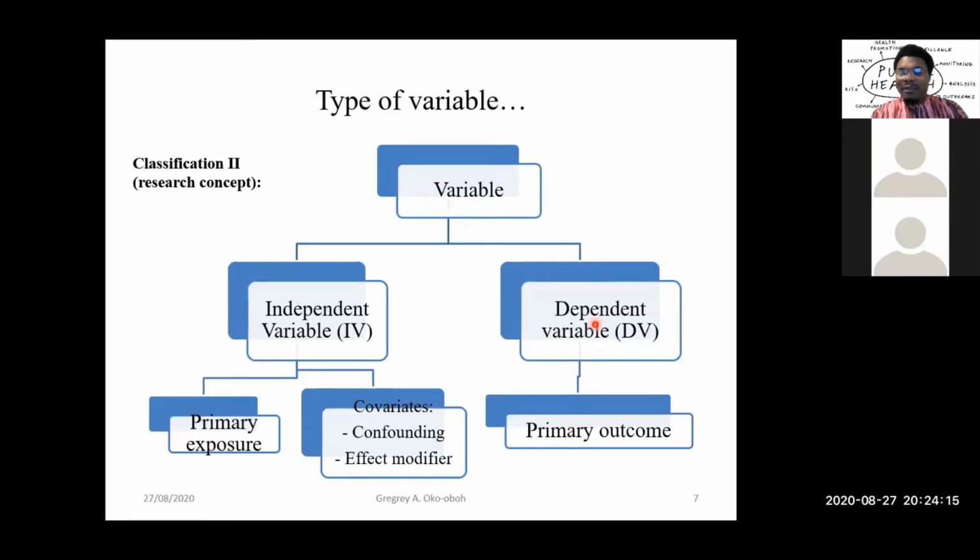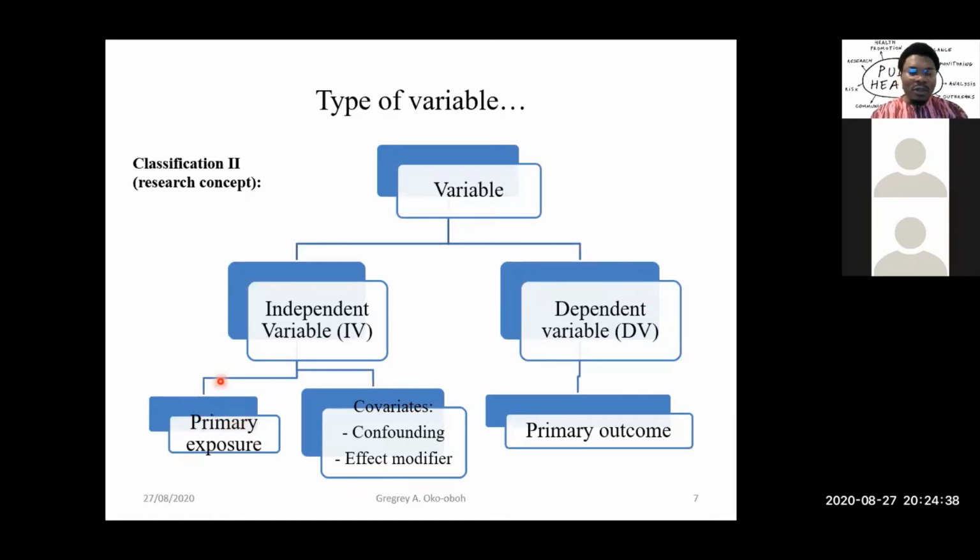That's the dependent variable. But there are things that determine the dependent variable. Those things are referred to as the independent variable. And these independent variables can either be the primary ones, another name for them is exposures, okay? They are called exposures because upon being exposed to them, they determine the outcome.